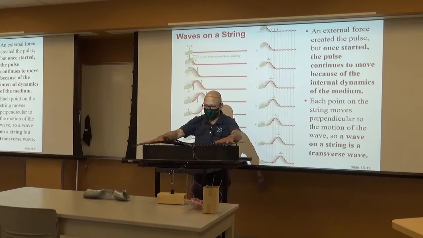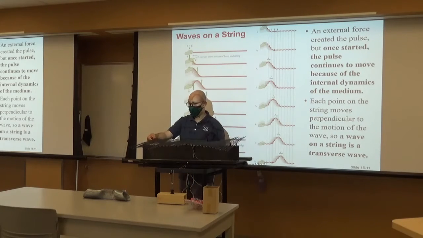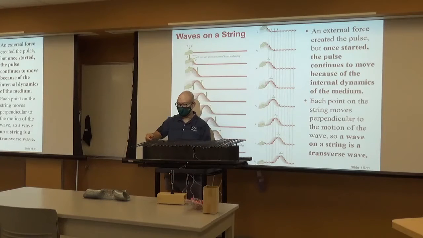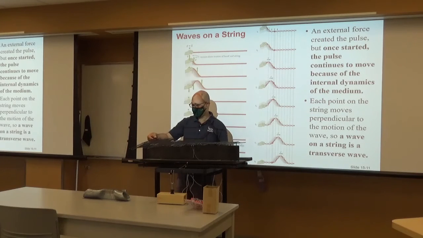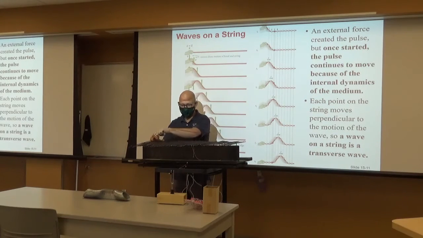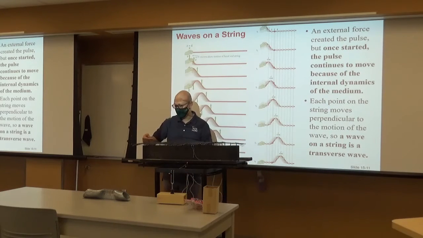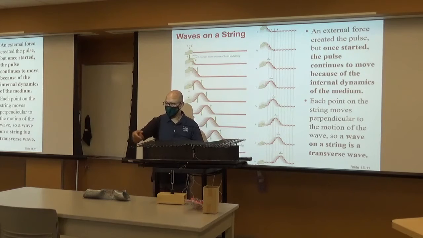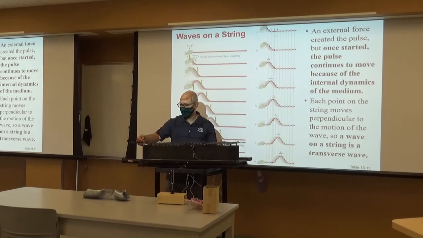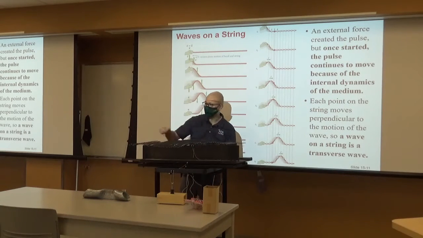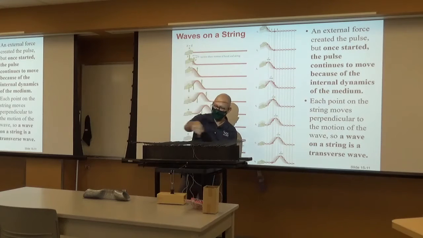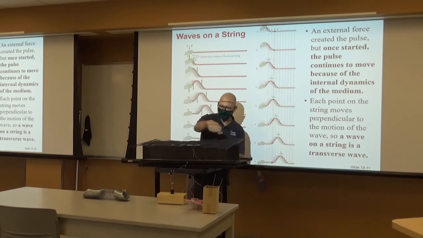So here is the medium, and when I produce some kind of disturbance at this point, so this disturbance will be transferred along the medium without actually moving the medium. So the medium remains at its original location. It doesn't move forward. It does up and down, but it doesn't move along this medium.